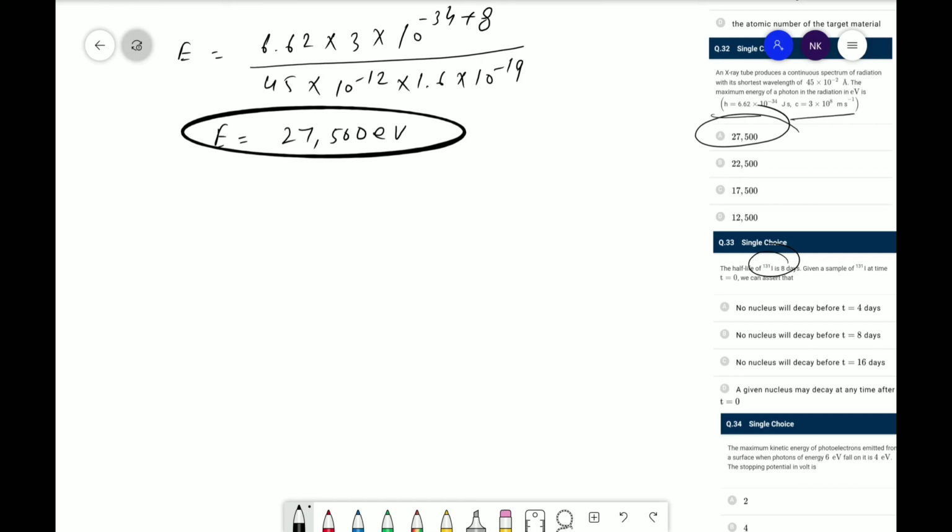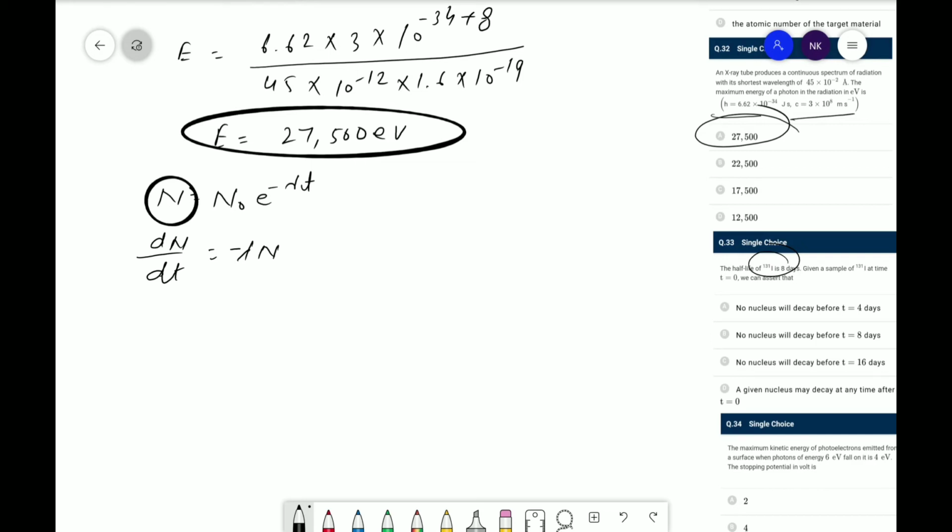Given a sample of iodine-131 at time t equal to 0, we know that N is equal to N0 e the power minus lambda t, and the rate of decay, that is dN upon dt, is equal to minus lambda N. Now what is the value at t equal to 0? We can assert that.